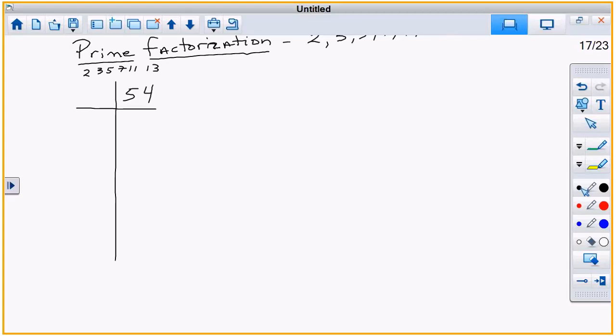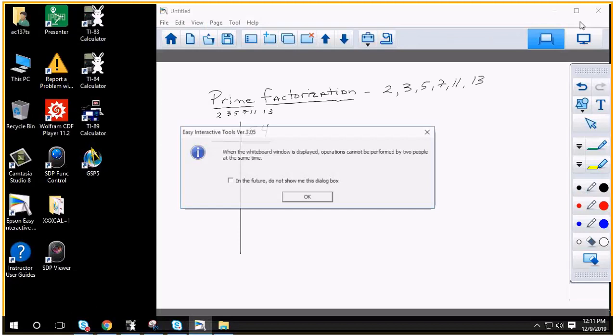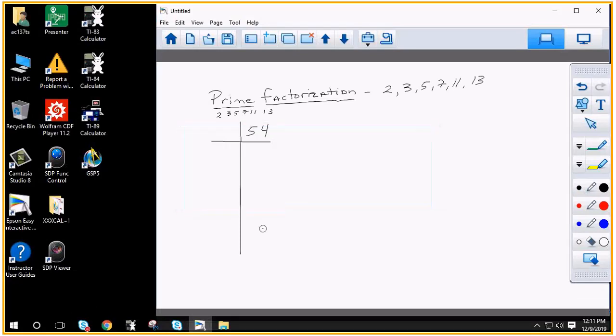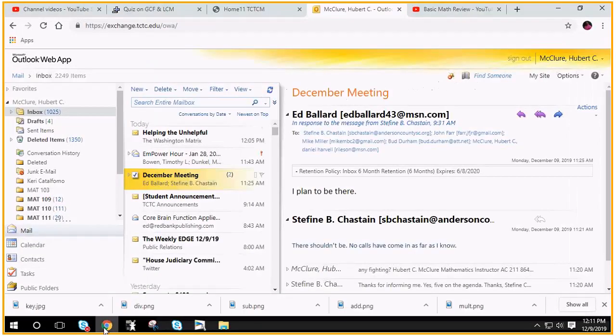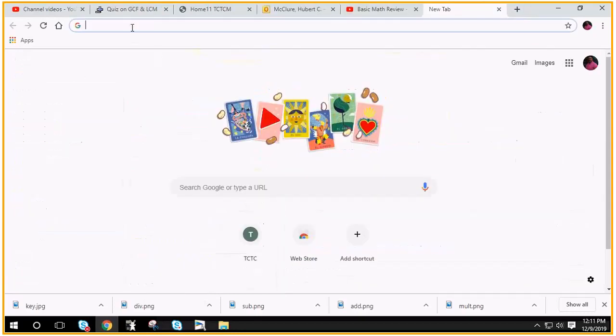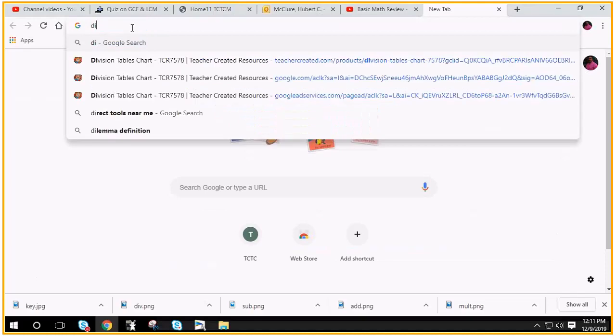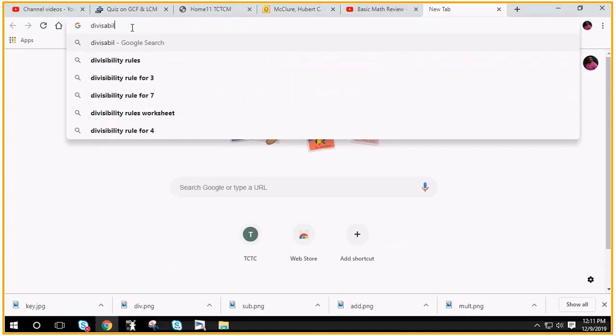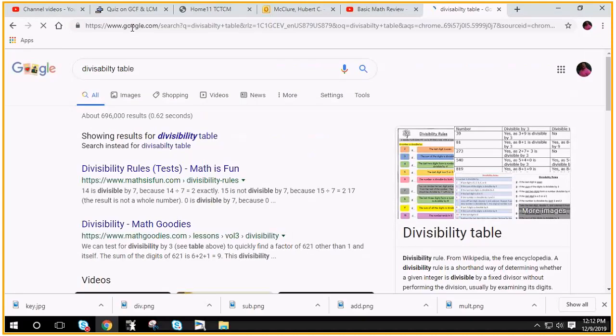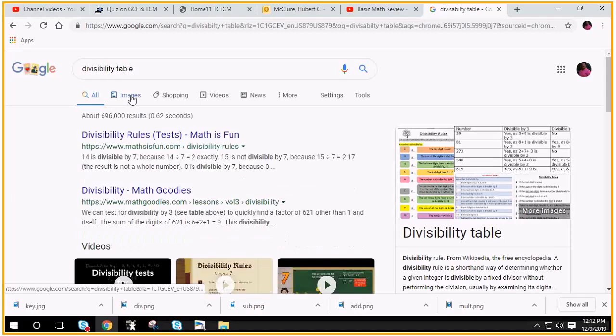Now, right quick, I'm going to pull up a divisibility table for you. I do this in class a lot. I'm going to search divisibility table, and you might want to pull it up also, and hit images.